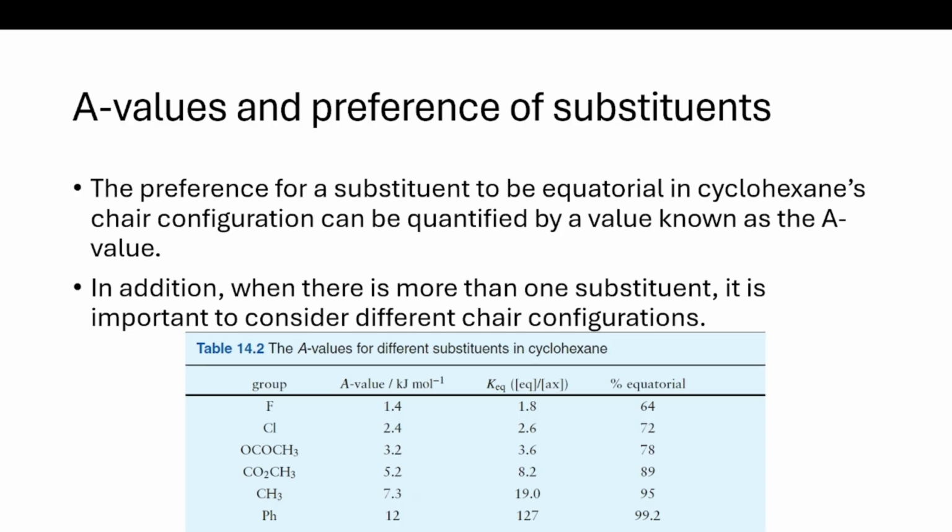And so, for example, we have fluorine that's going to have an A value of 1.4, 64% equatorial. All right. Now, if we look at the t-butyl group, right, it has a pretty large A value of 20, and it's 99.97% in the equatorial position.